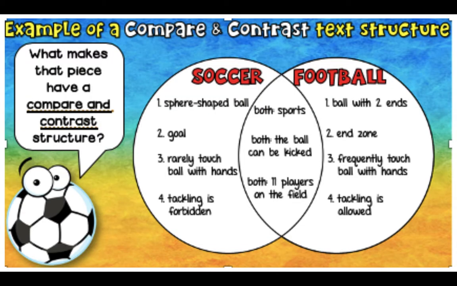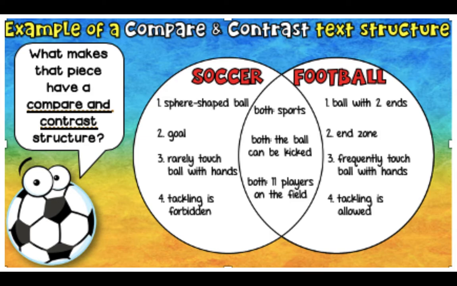So, for example, what makes that piece a compare and contrast? Well, soccer, number one, sphere shaped ball. Number two, goal. Number three, rarely touch ball with hands. Number four, tackling is forbidden. For football, however, number one, ball with two ends.